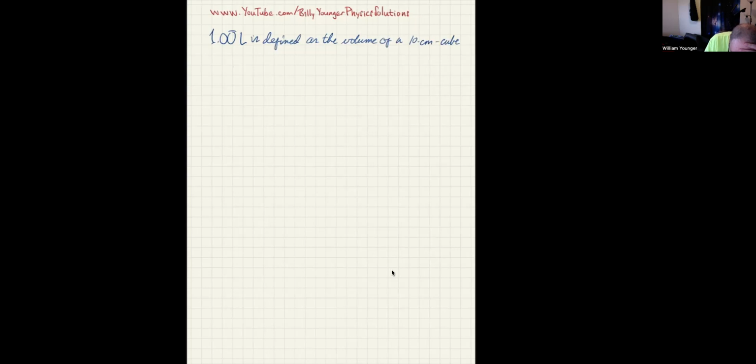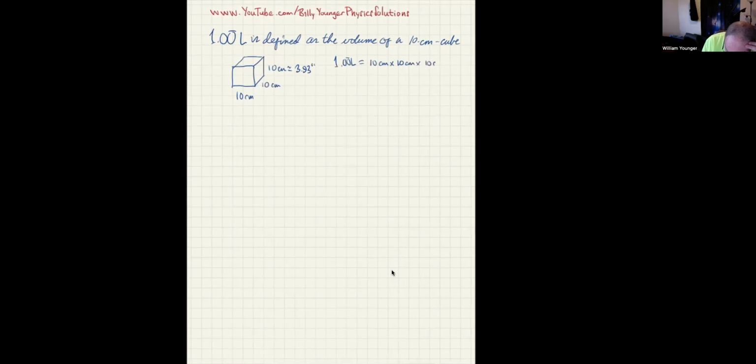So in this case, a 10 centimeter cube might look like this, where that is 10 centimeters, 10 centimeters, and 10 centimeters, which of course is approximately 3.93 inches.